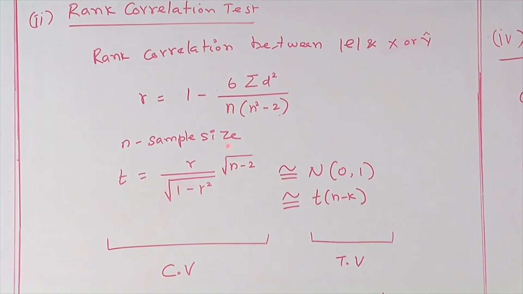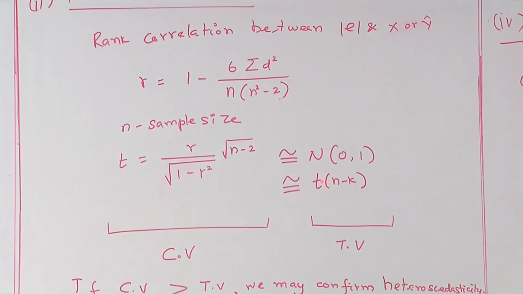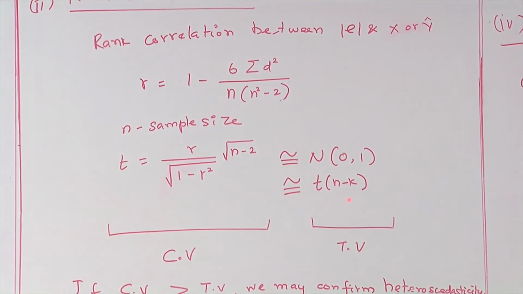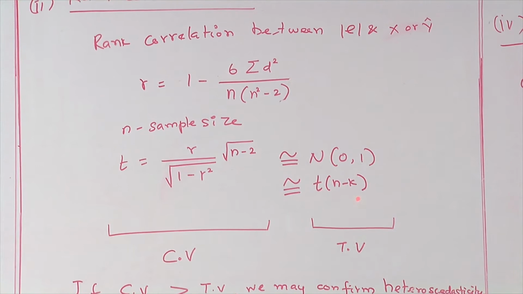In this case, this is an SLRM, and this statistic follows the normal distribution with 0 mean and 1 variance for the large sample. For the small sample, if it is a multiple linear regression model, MLRM, T follows the T distribution with n minus k degrees of freedom.